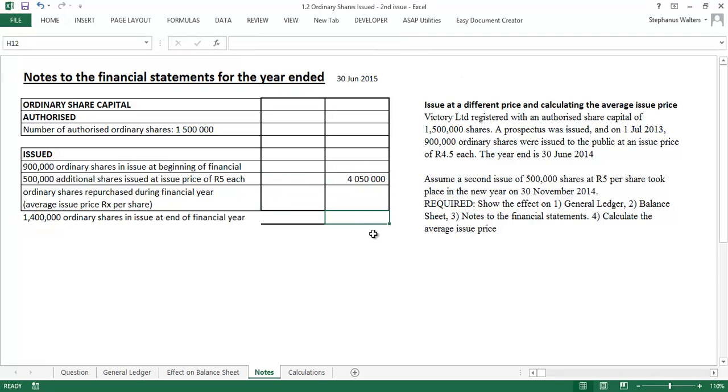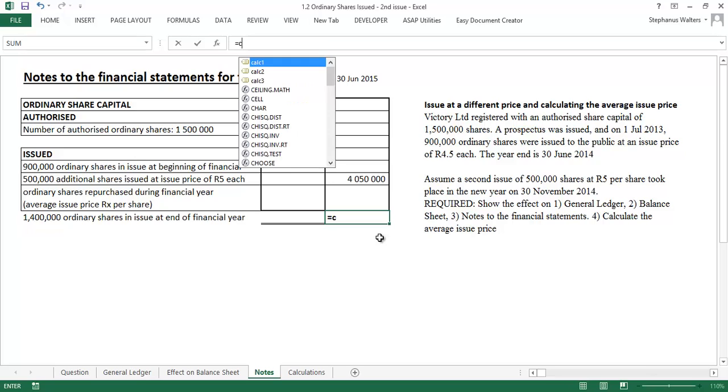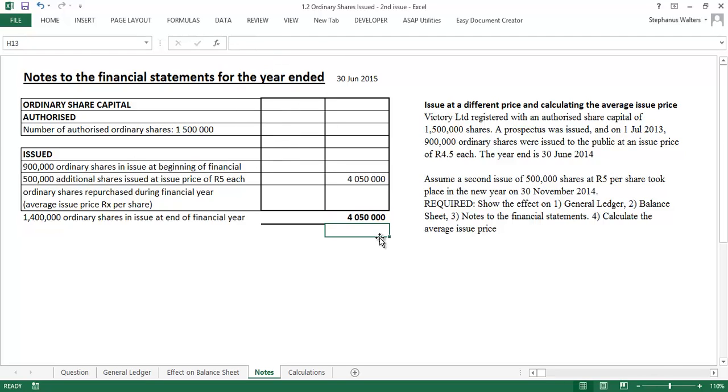This balance at the end of the first year was 4.05. So this is the previous year, 2013, and this is the current year, 2014.